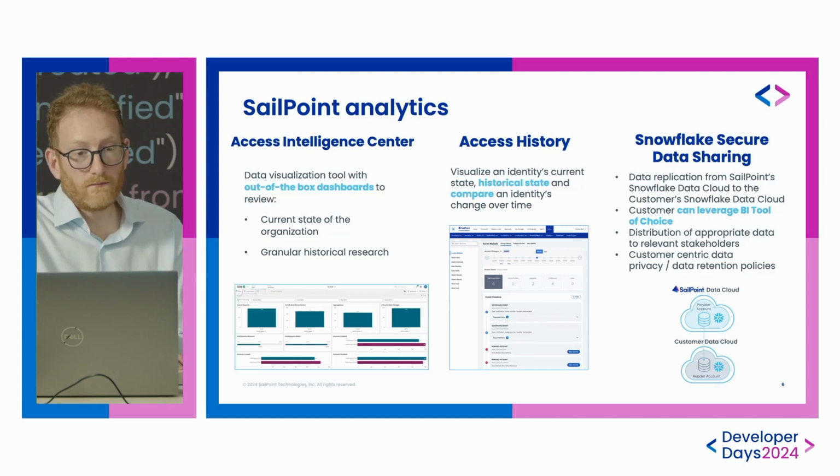And as a lot of BI tools support Snowflake, you can directly use it as a storage, as an engine to run your dashboards and reports. And you can also manage there your own policies, in terms of access, in terms of data retention.